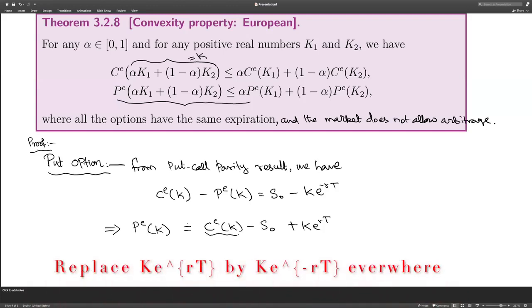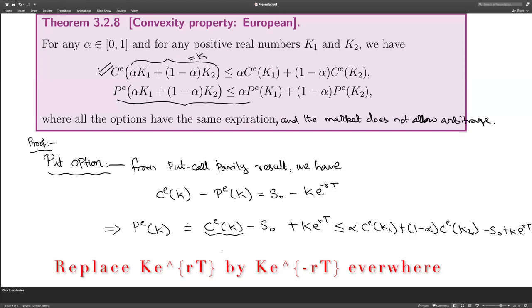Now for this, you use the convexity property of the call option price, which we have already proved, and that gives us alpha times CE of K1 plus 1 minus alpha CE of K2 minus S naught plus K e power RT. That is what we get.